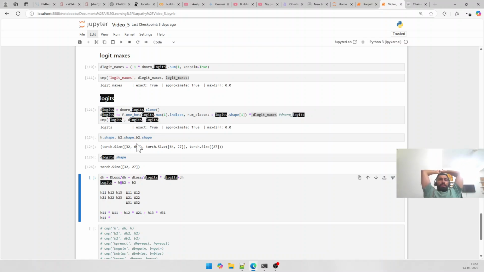So for each of those elements, the gradient will be for h11 it will be w11 and d logits.